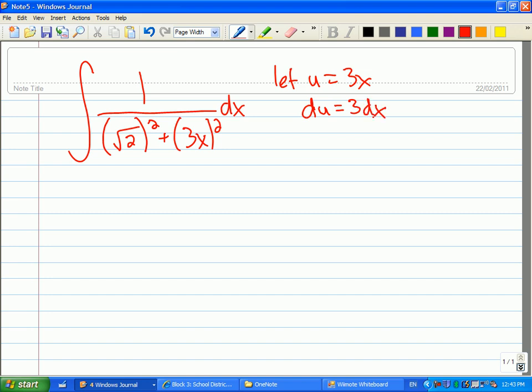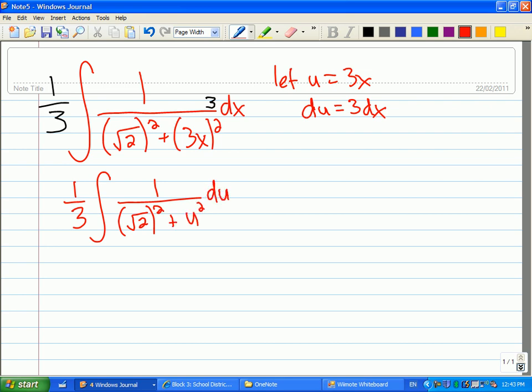So right away I can see that I need a 3 in order to balance this out, which means I need a 1/3 in the front. And now I can make my substitutions. 1/3 the integral of 1 over root 2 squared plus u squared, and I'm in terms of u now. Okay? So now that I've done it this way, there's no more worries as to, well, what do I do now that it's 3x squared?